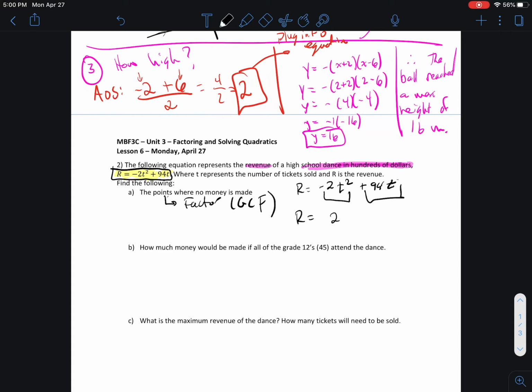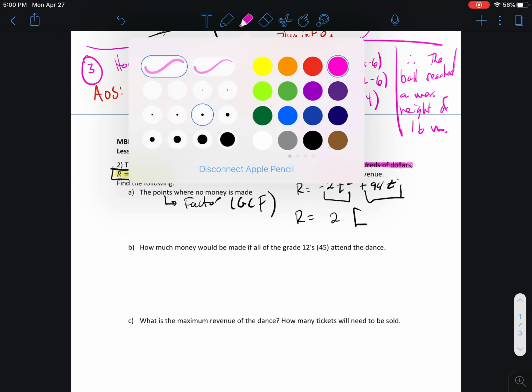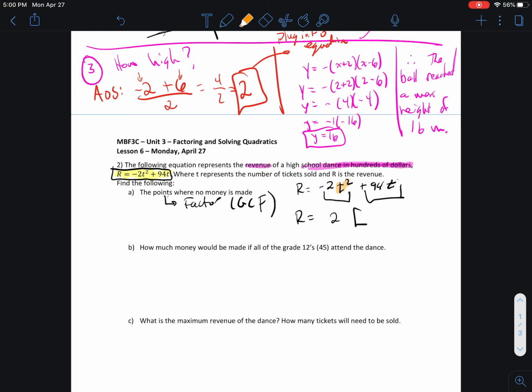You always ask yourself, what can I divide both of these things by? One of them is for sure 2. Then you're going to want to write what's left after you write the 2 out. The other thing I see is that there's a t that I can take out too.